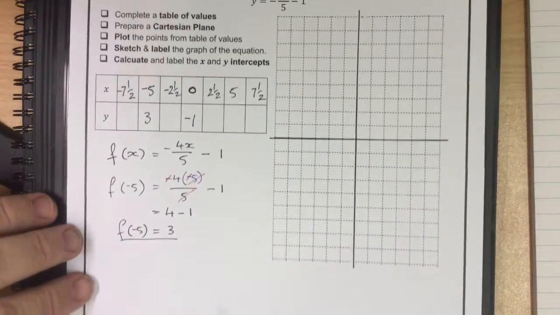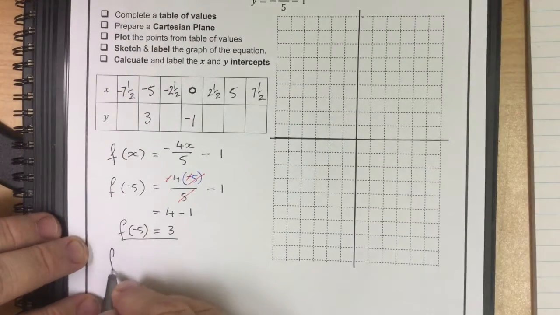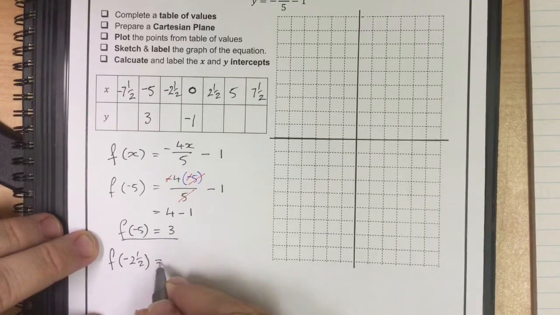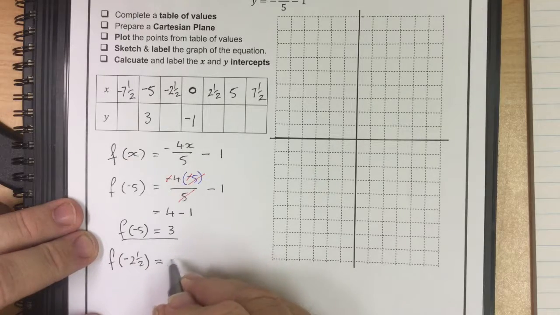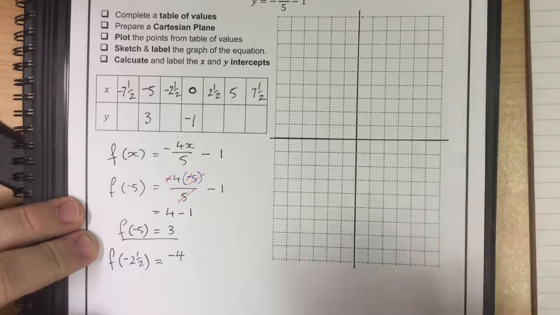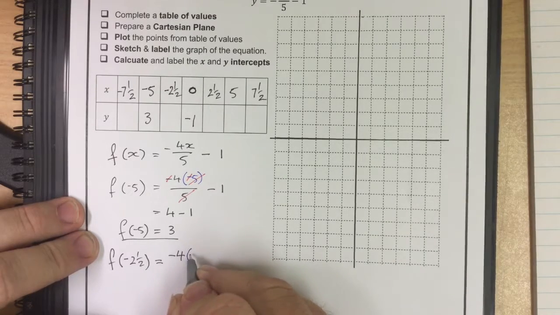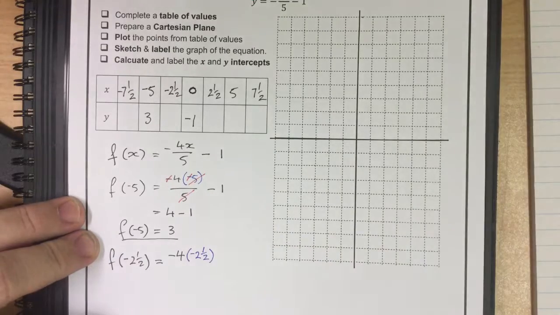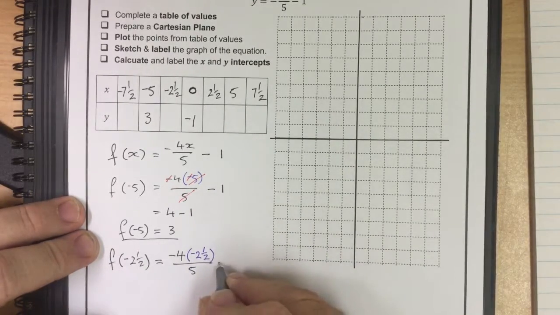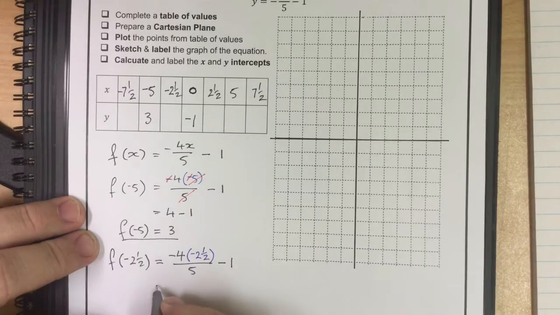But let's just be safe, and we'll do another one just to help with our communication as well. So I'm going to substitute in the value -2.5 this time around. So I've got -4, and let's just put in a different color. I'm just substituting in -2.5 for x, dividing this by 5, and then I've got to remember to take away the 1.